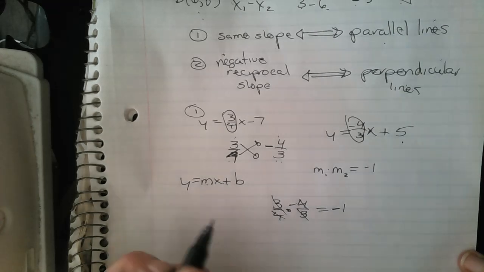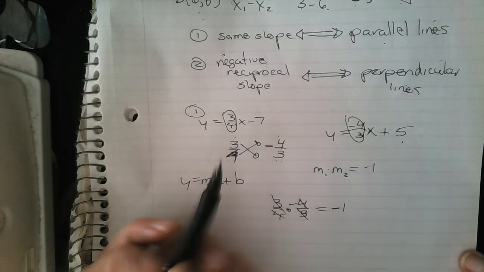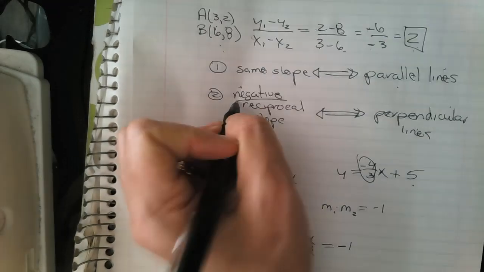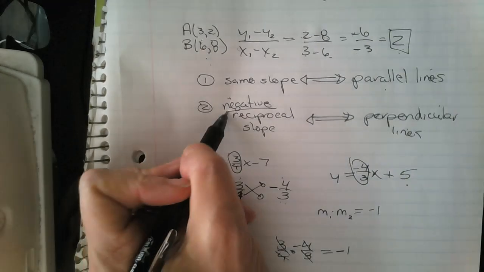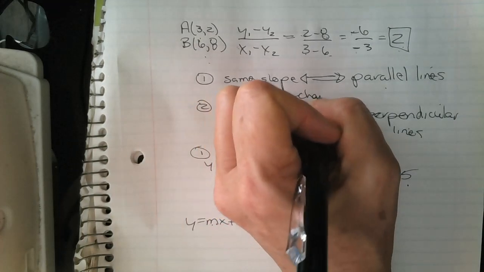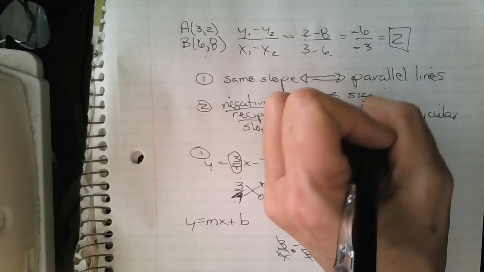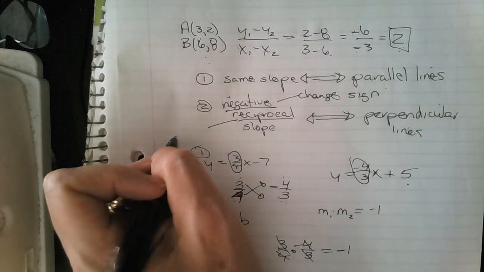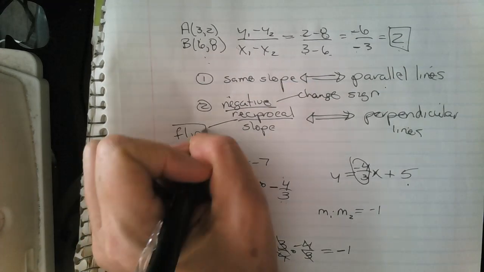Change sign. Reciprocal means flip. Flip, change sign. We'll use this information to make equations of lines.